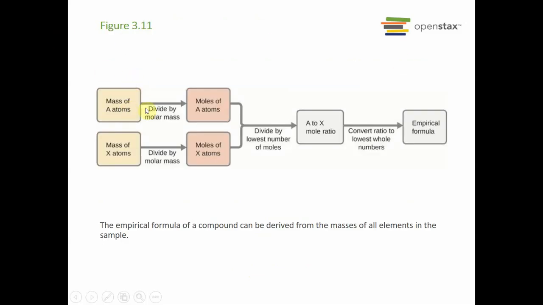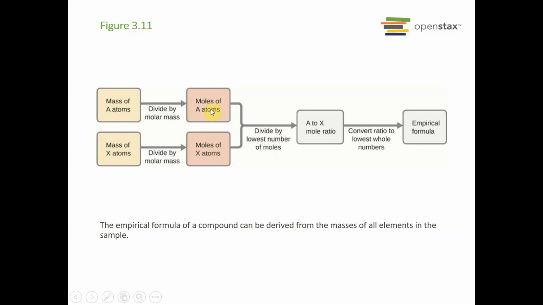So this is a flow sheet. When it says divide by the molar mass, it means divide by the atomic weight. So you've got mass of A atoms and mass of X atoms. This mass we divide by the atomic weight of A to get the moles of A, we divide this one by the atomic weight of X to get the moles of X. And then we divide by the lowest of the number of moles.